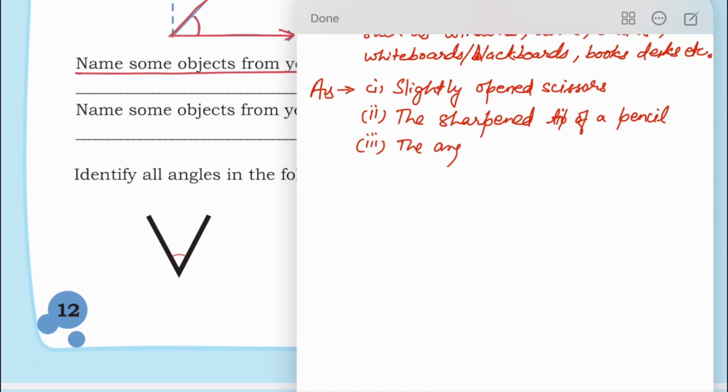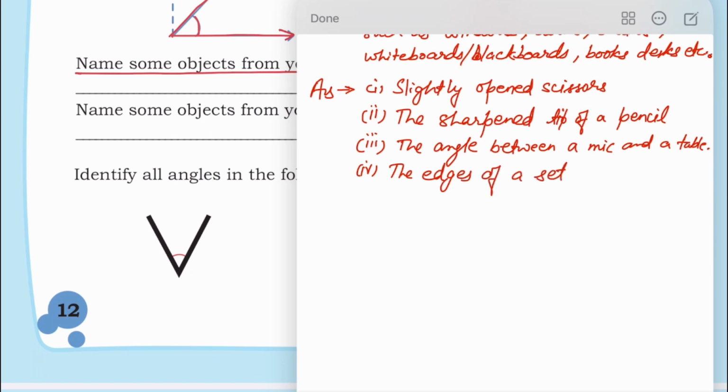The angle between a mic and a table. The edges of a set square.